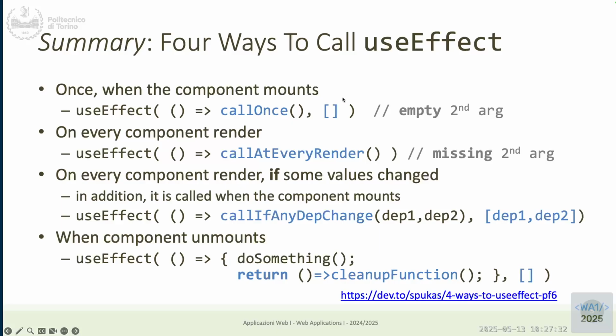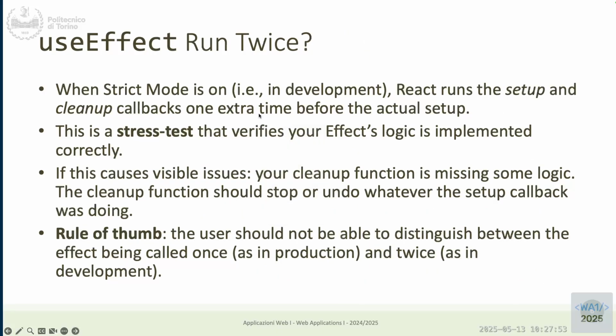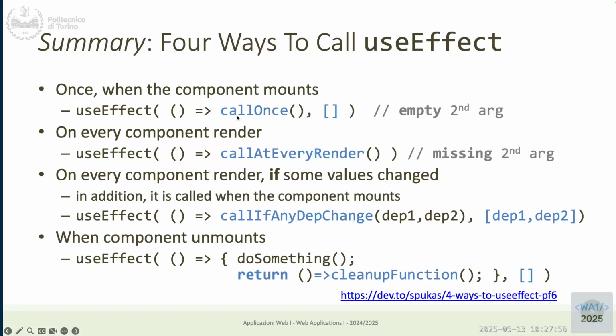So in summary, we have sort of four ways to call useEffect, or in other words, four ways of specifying when to execute our code. We can have some code that will execute once, which is achieved by providing an empty dependency list. It will only run at mount time.